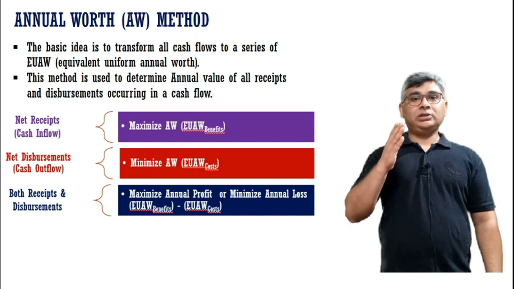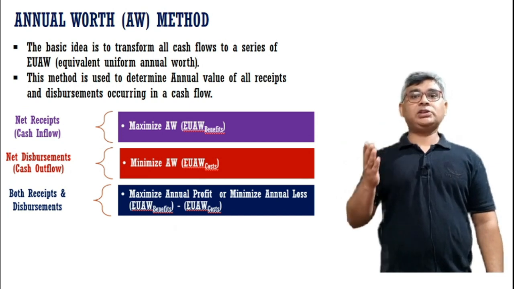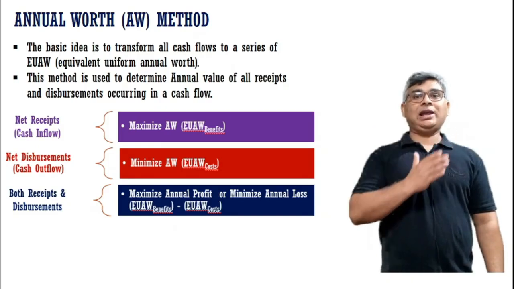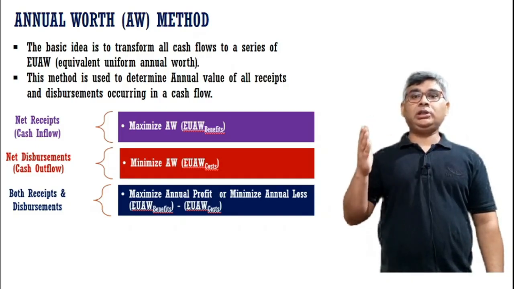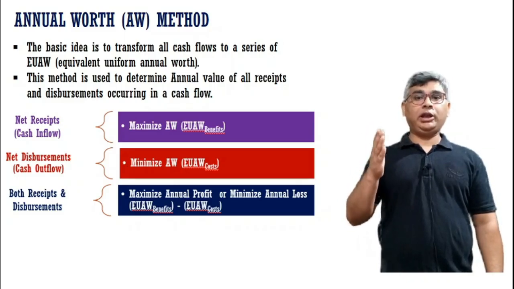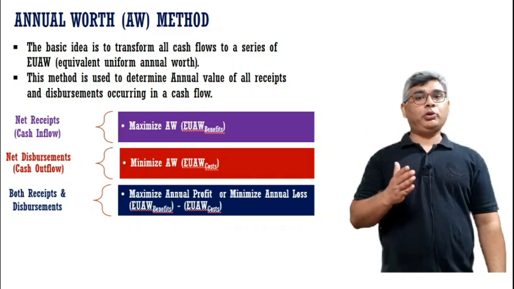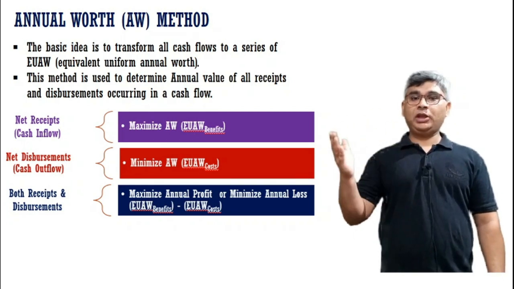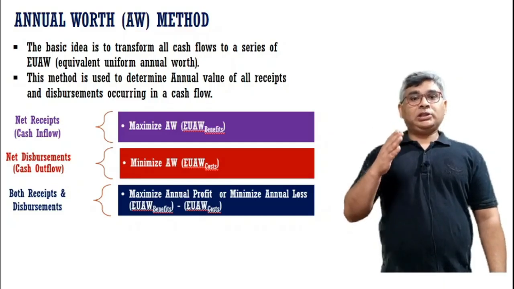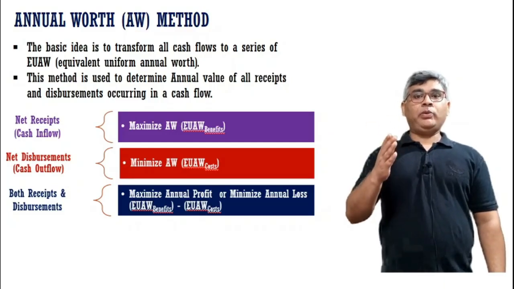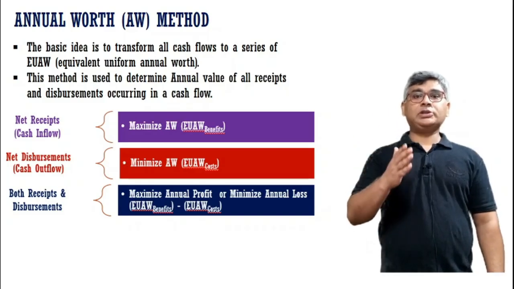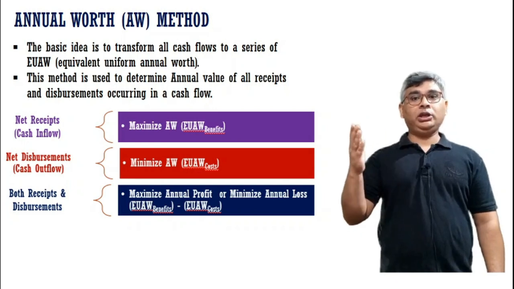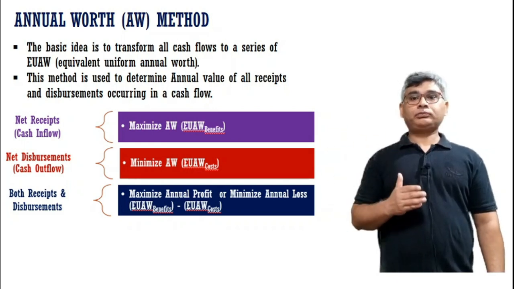That is the basic difference with respect to the present worth method analysis, where we convert the complete cash flow diagram at the present point of time. Here we are converting the complete cash flow diagram into annuities. This method is used to determine the annual values of all the receipts and the disbursements, or the cash inflow and outflow which are there in a cash flow diagram.